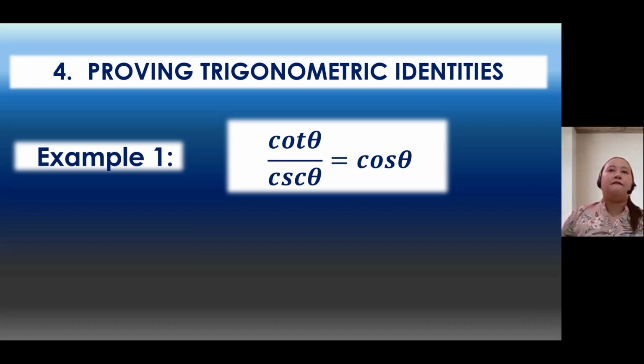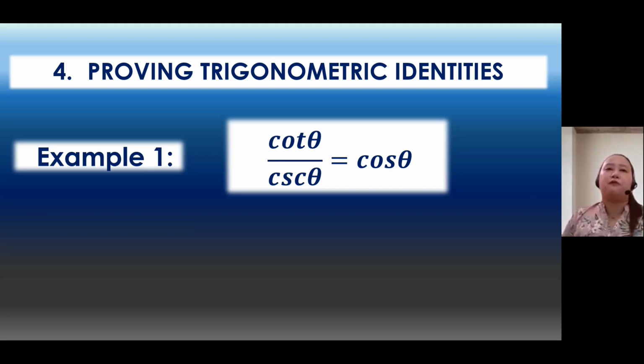If we have proving like this one, you also have to solve it vertically. Okay, and you have to ensure that all the equal signs are arranged in a way that your equal sign is on the same line with the first equal sign, and so on and so forth.